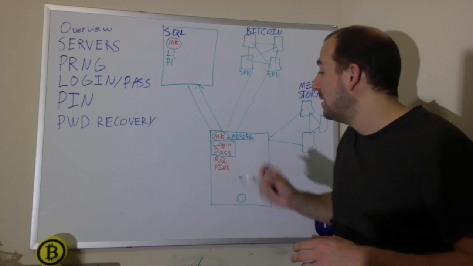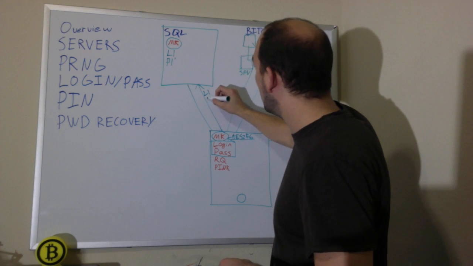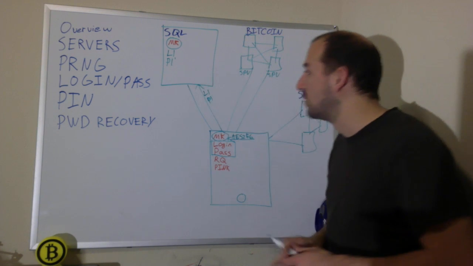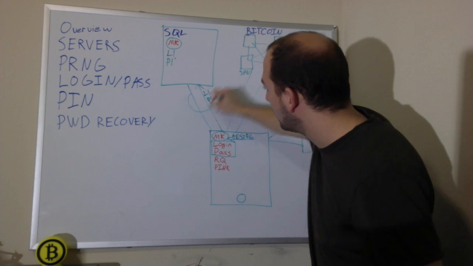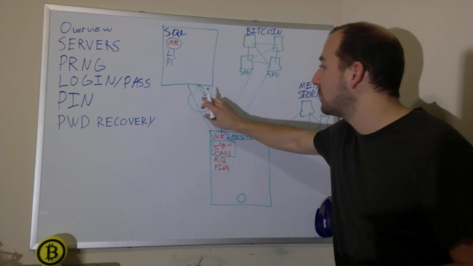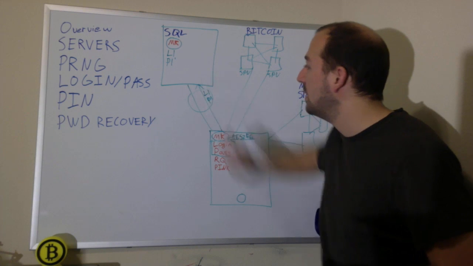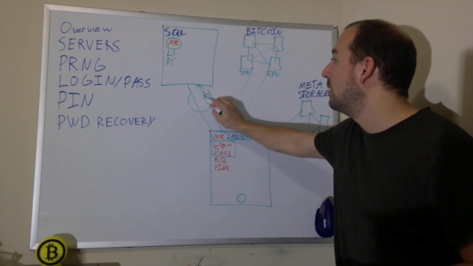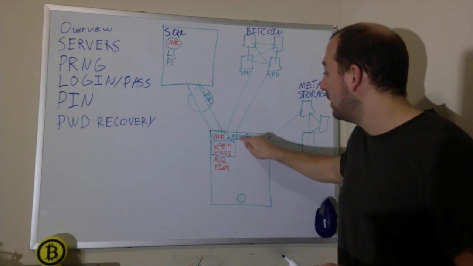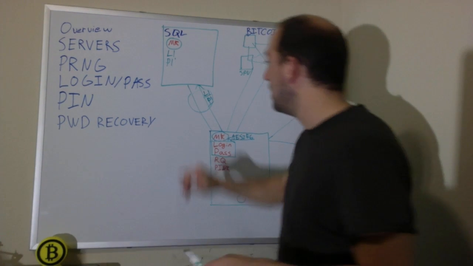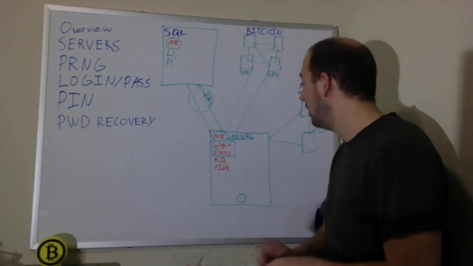Now the cool thing is that only L1 and P1 get sent across the wire. So even though this is all in an SSL tunnel, even if for some reason this could be intercepted or this server was compromised, you're never sending your login or your password to it.